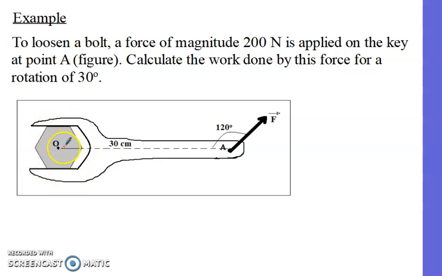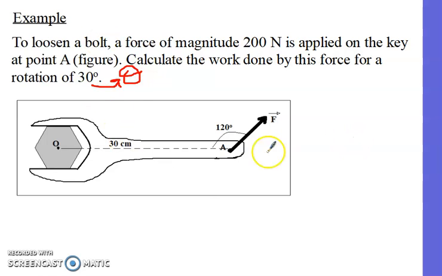The bolt will rotate around point O. So to loosen a bolt, a force of magnitude 200 Newton is applied on the key at point A. Calculate the work done by this force for a rotation of 30 degrees. I mean, this is the angle theta.